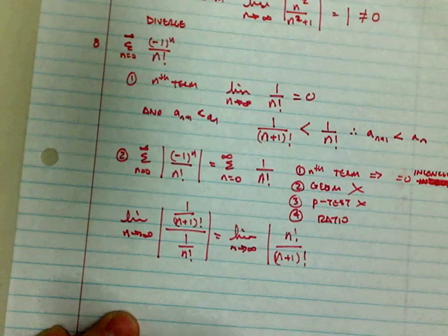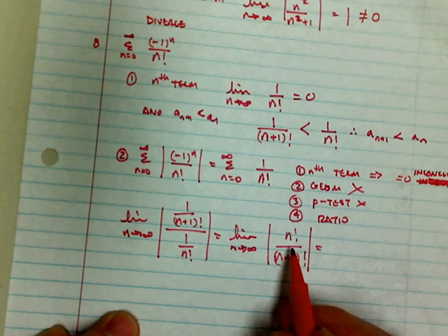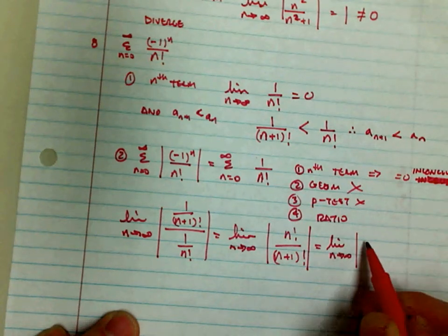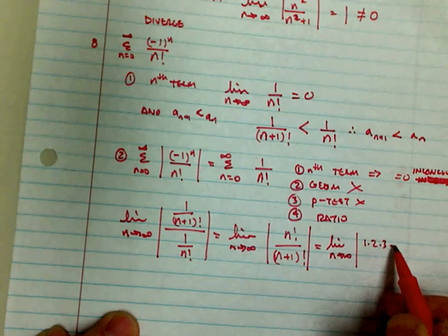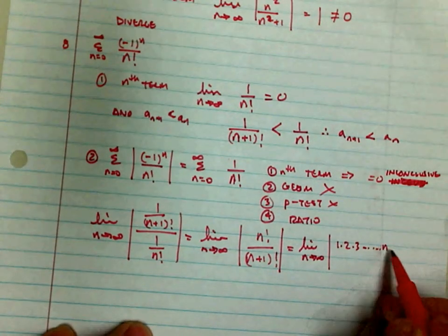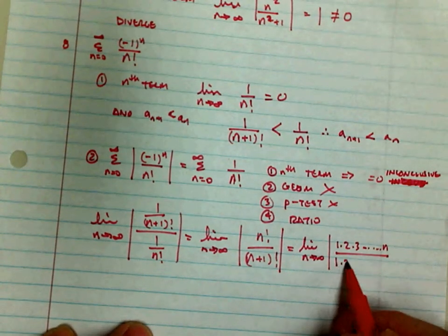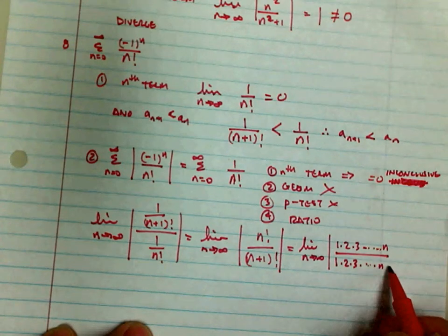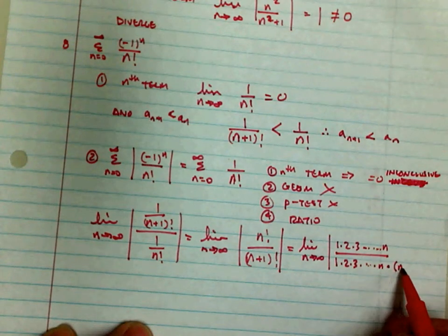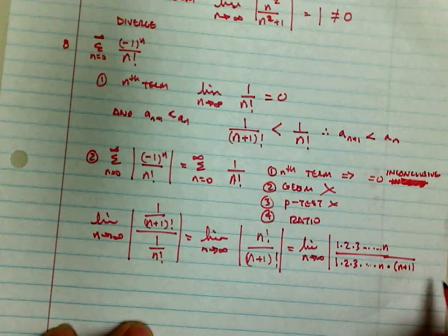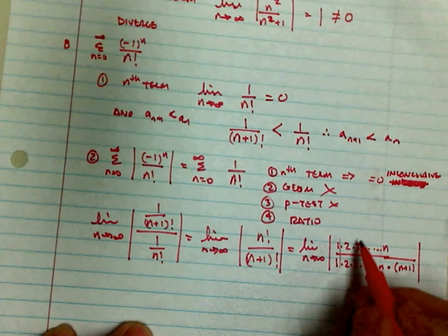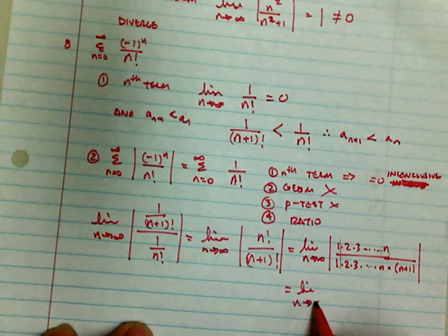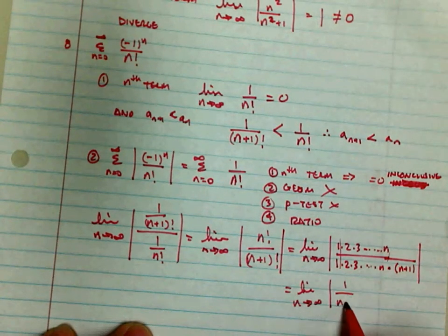And let's think about this. Isn't this the limit as n goes to infinity of 1 times 2 times 3 times dot dot dot all the way up to n divided by 1 times 2 times 3 times dot dot dot n, but then again times n plus 1. All of these are going to become 1s, and we're left with the limit as n goes to infinity of 1 over the quantity of n plus 1.